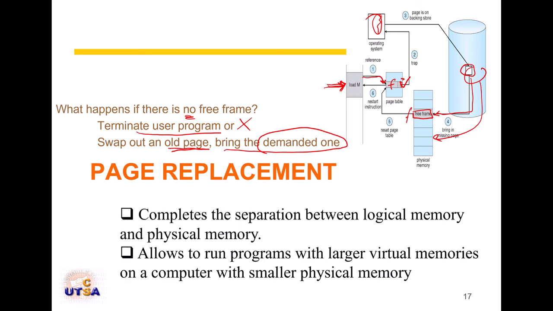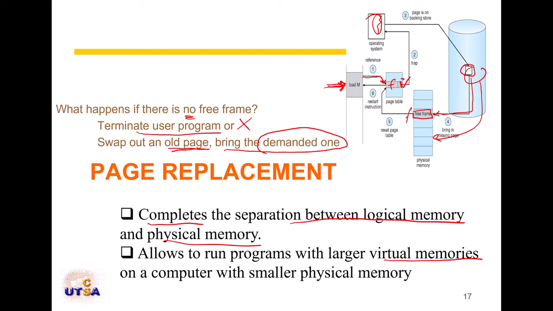With page replacement, we will actually complete the separation of the logical memory and the physical memory. So that will complete the picture for us. Page replacement also allows us to run programs with larger virtual memories, so you can write programs that can handle large data sets on a computer with smaller physical memory.